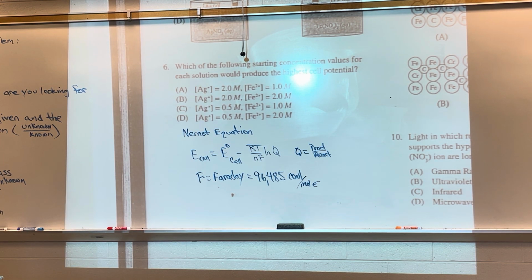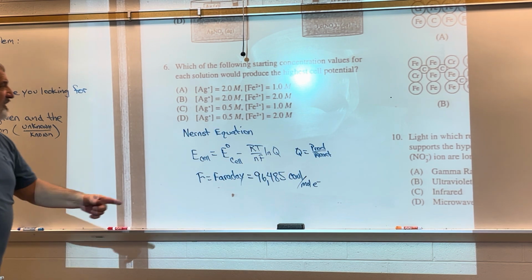It's a positive number. The natural log of a number greater than 1 is a positive number. If it's greater than 1, the logarithm, whether natural or common, is going to be a positive number. If it's a decimal, it's going to be a negative number.